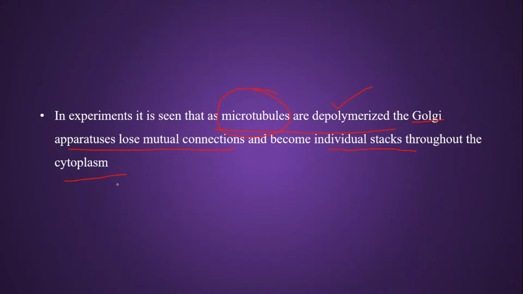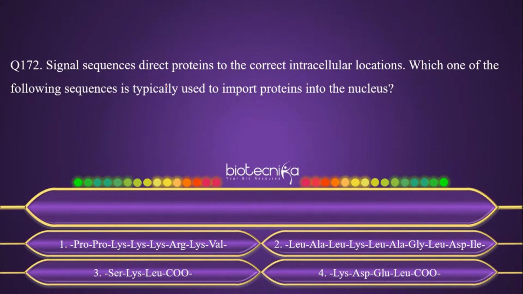Next question to you. Signal sequences that direct proteins to the correct intracellular location. You have to find the correct sequence that is used to import proteins into the nucleus. Now, this is the third question I have come across with respect to the nucleus. What will be the correct sequence through which a protein can be imported into the nucleus?